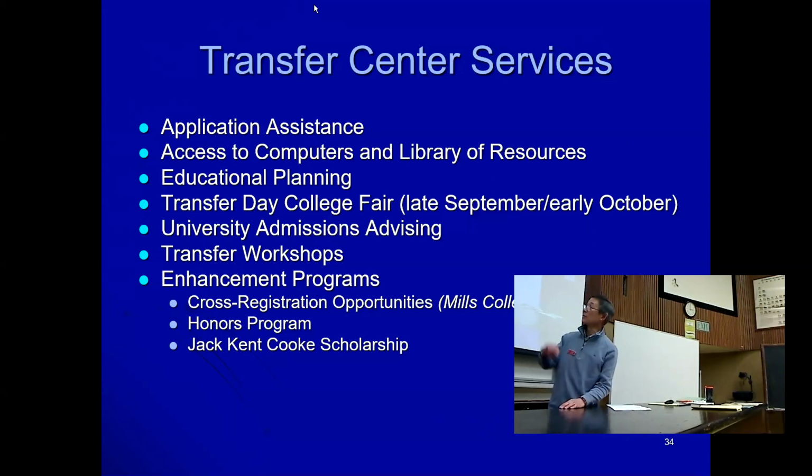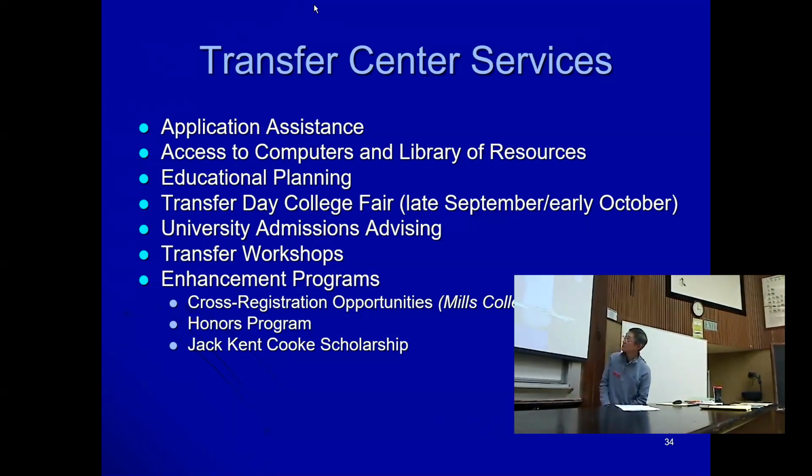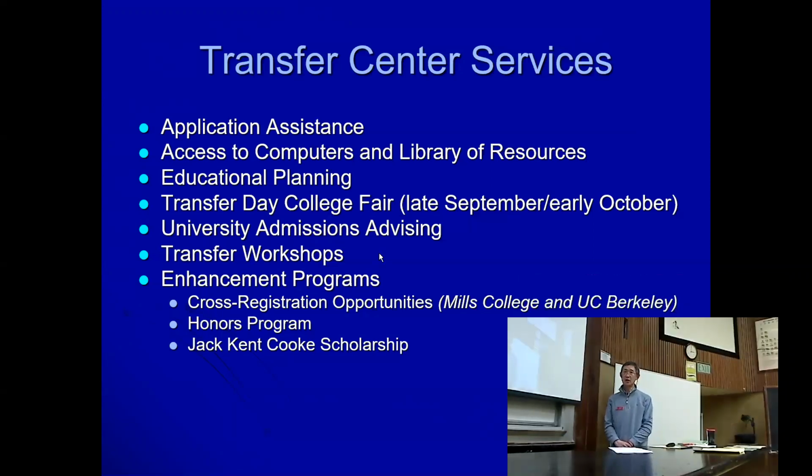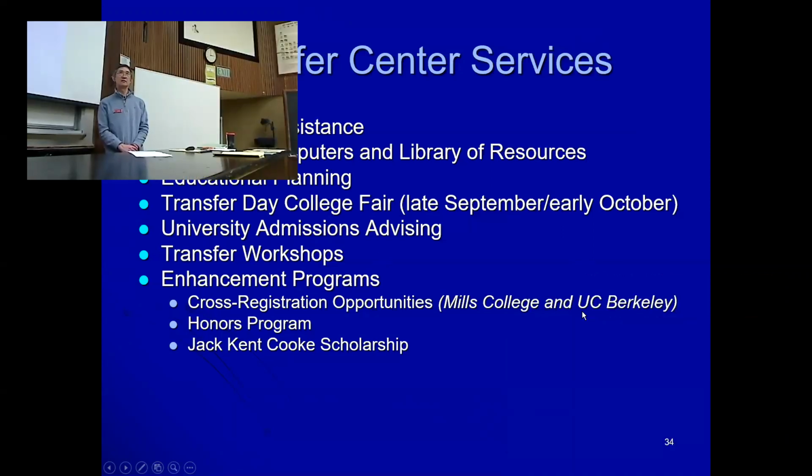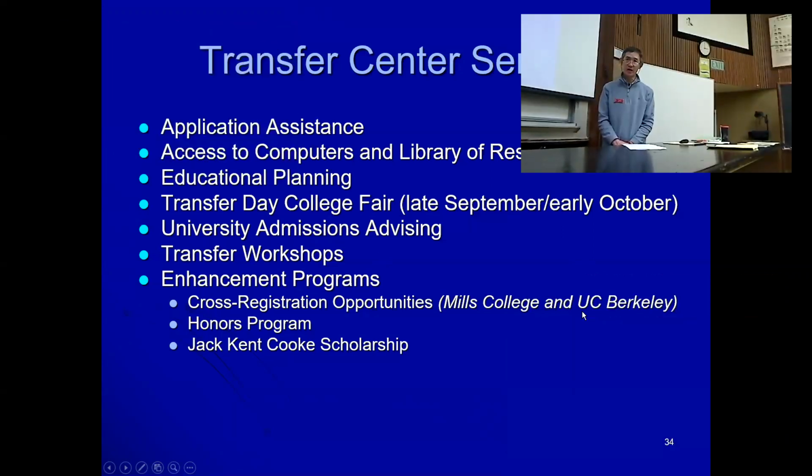Actually, no, I didn't. So we do have cross-enrollment programs with UC Berkeley. And for students that are interested, Mills could be an option. If you're interested in the one with Berkeley, we have a coordinator in our counseling division, and in actually my department, and you would talk to that particular counselor about your interests.